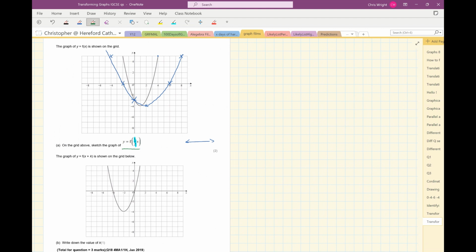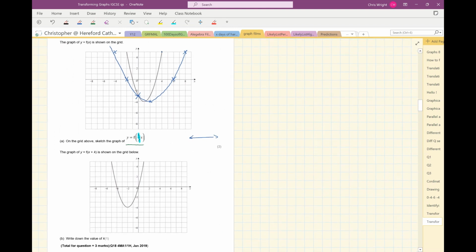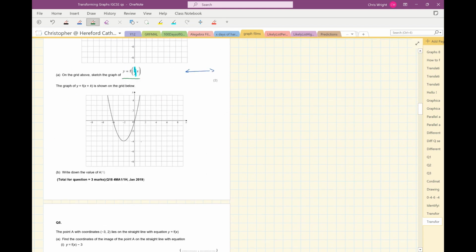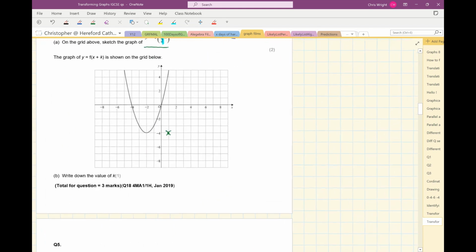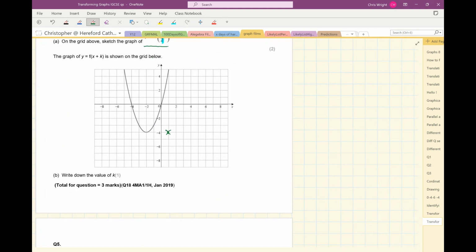Well, let's first of all draw the original curve, shall we? The original curve, well, it had a minimum point here, didn't it? A minimum point there, right? So, what's happened to that minimum point? It's been moved 3 units to the left, hasn't it?